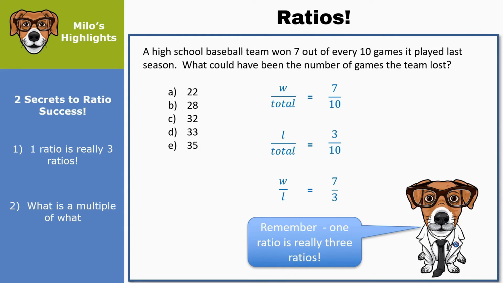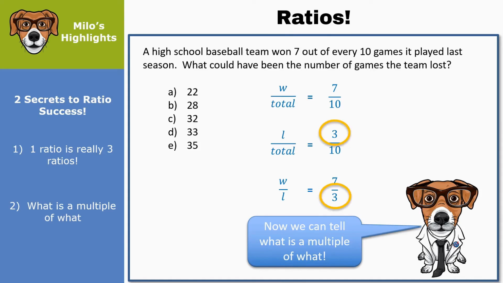Okay, now from these ratios, we can also tell what is a multiple of what. We know that wins must be a multiple of 7. The total must be a multiple of 10, and losses must be a multiple of 3. The only answer choice that's a multiple of 3 is answer choice D.